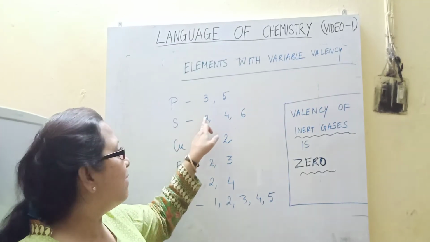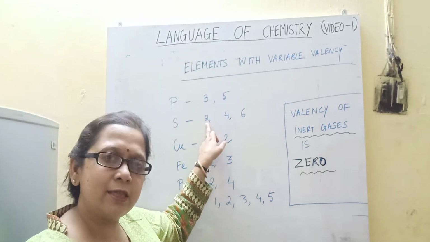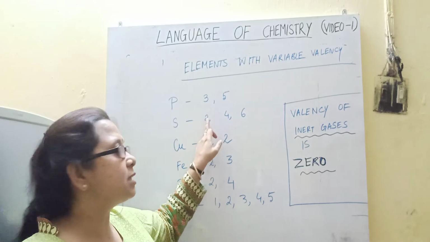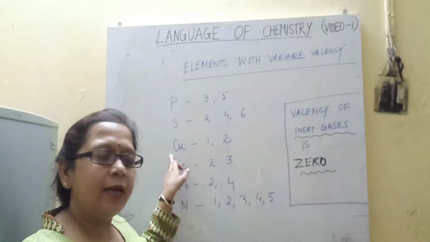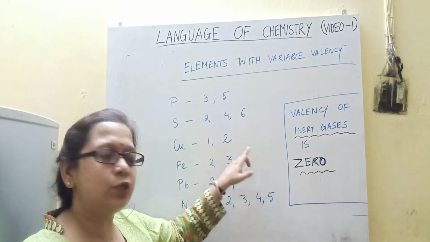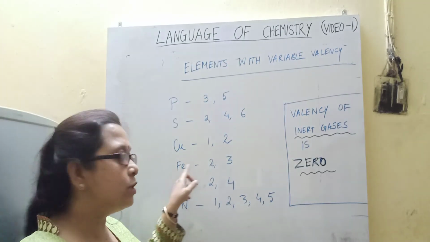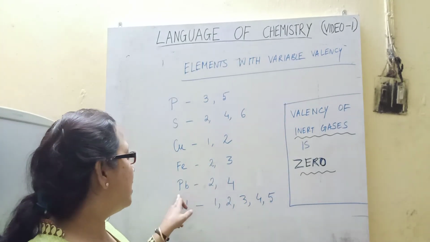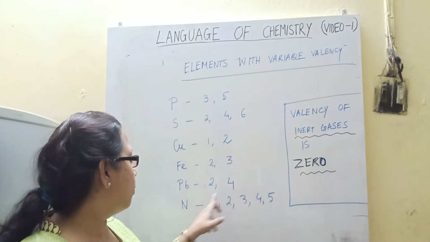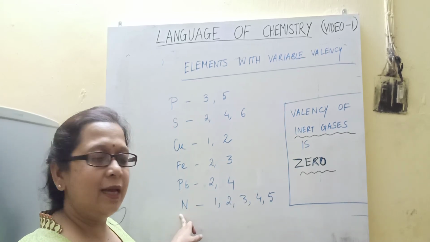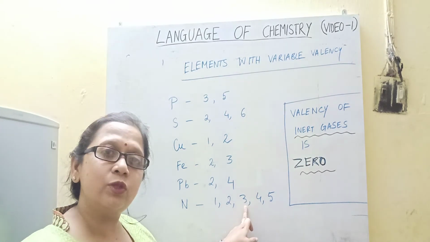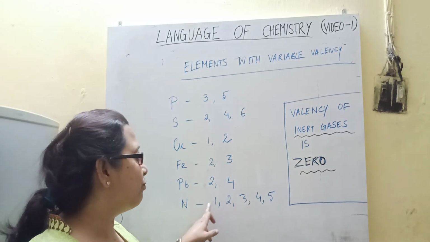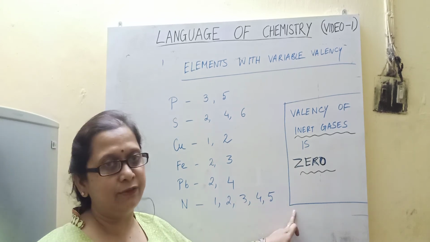Sulfur, the valency 2 that you just saw, also has valency 4 and 6. Copper has valency 1 and 2. Iron, 2 and 3. Lead, 2 and 4. Nitrogen, its main valency is 3, but it can also exhibit other valencies of 1, 2, 4 and 5.